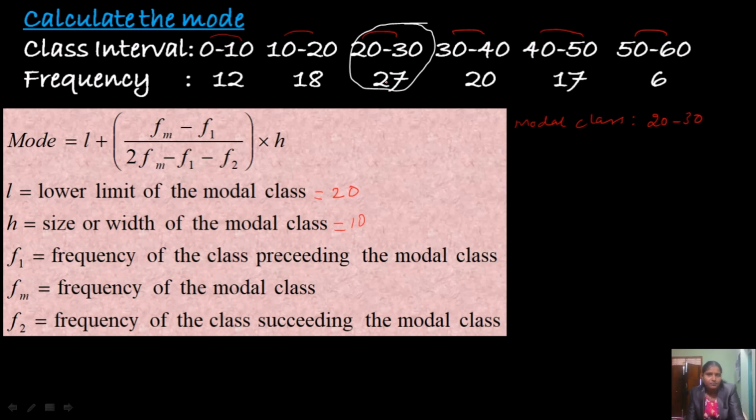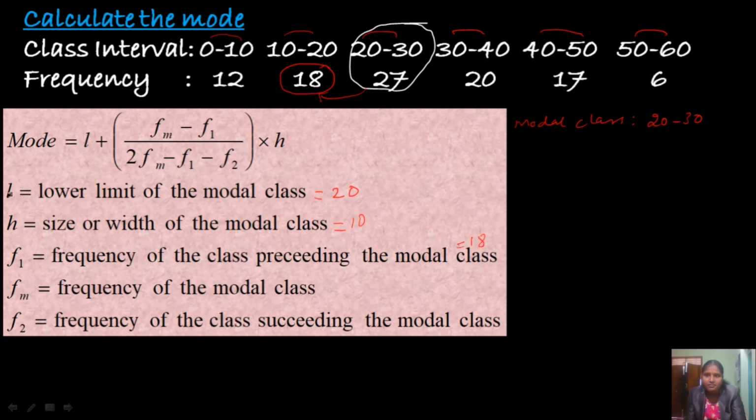f_1 is the frequency of the class preceding the modal class. This is the modal class, and this is the preceding frequency value, so f_1 is 18.